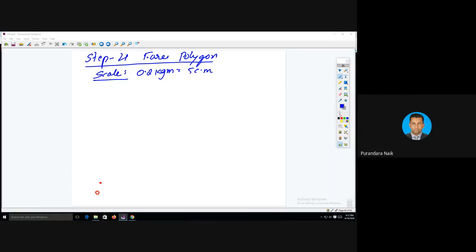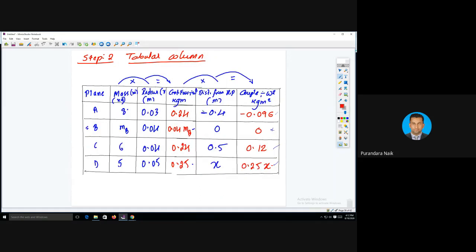The reference line is the 0 degree line. Okay, I have drawn a 0 degree line. Next, I have to take A from the table, 0.24. You need to convert that into a proper scale, right? So 0.2 kg meter is equal to 5 centimeter.